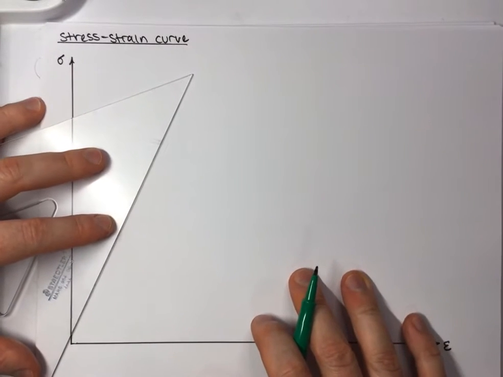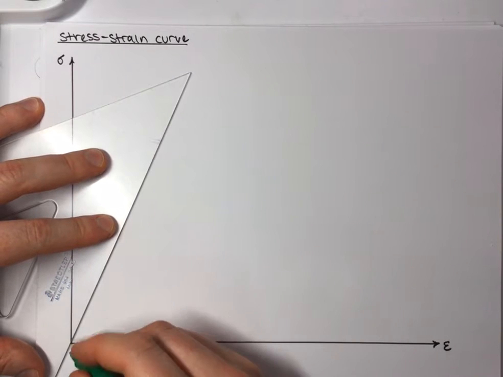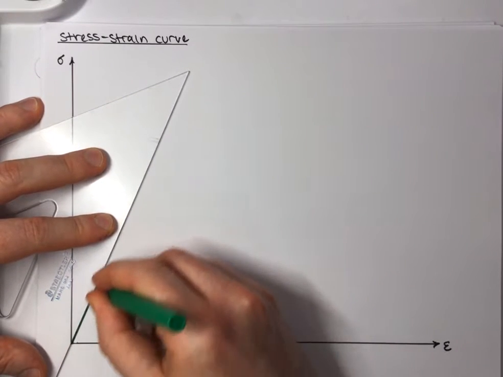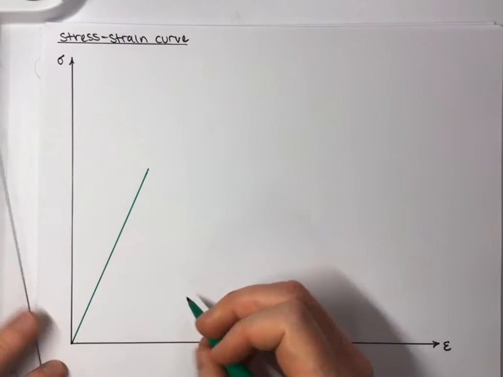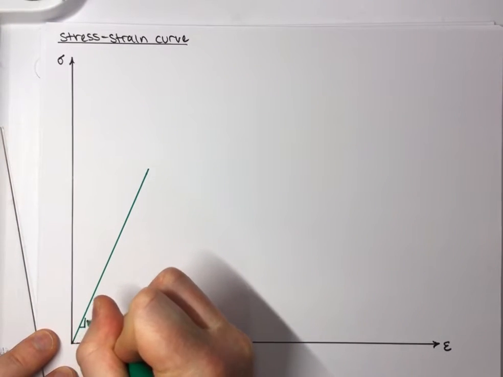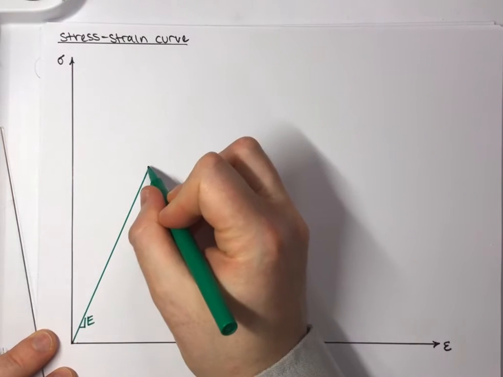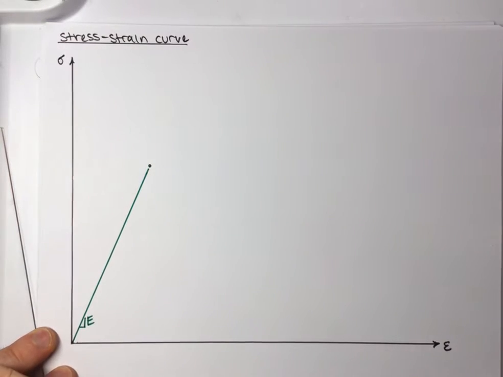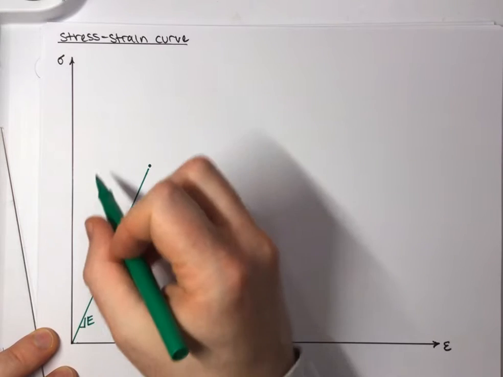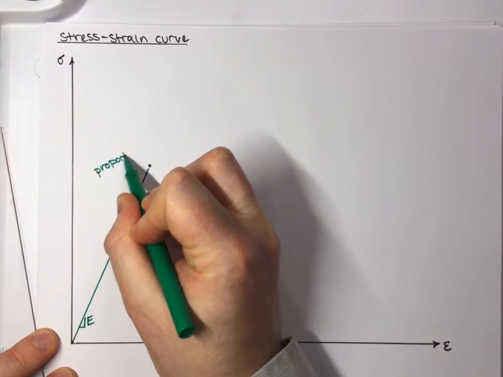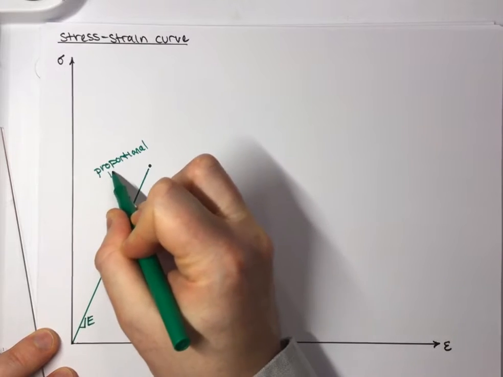So first off, we're going to put the part of the stress strain curve we've been talking about so far. So I can start here at 0. We have 0 strain, we have 0 stress, and then I can draw a straight line. And of course, we've been talking about this now in class. We know that this is the elastic modulus E, and I'm going to draw that up to a certain point here, and that point I'm going to call the proportional limit.